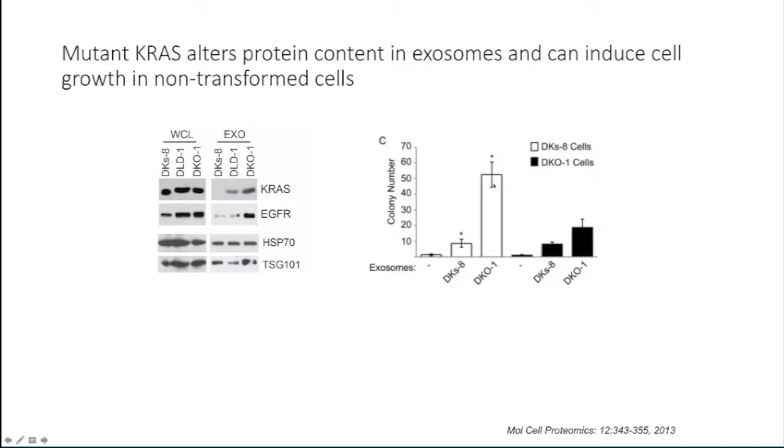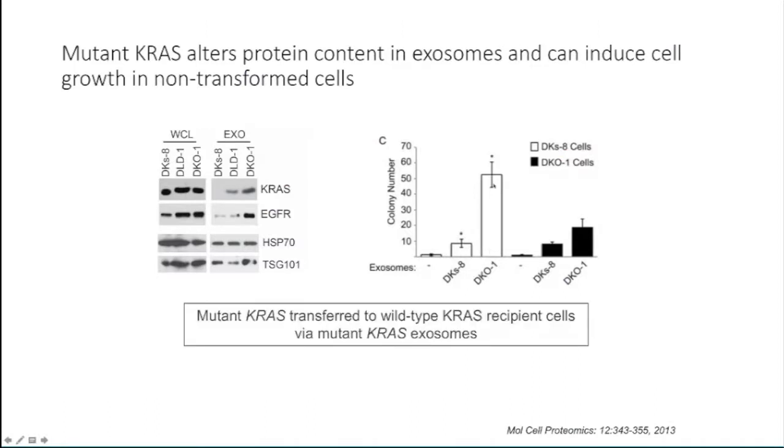Also, you could see that in the KRAS exosomes there was an increase in KRAS protein and in EGF receptor itself. So mutant KRAS was being transferred to these wild-type cells, and presumably being involved in growth.